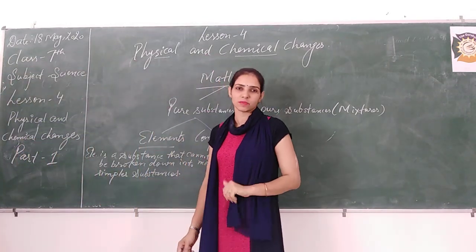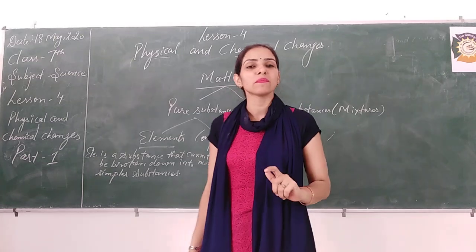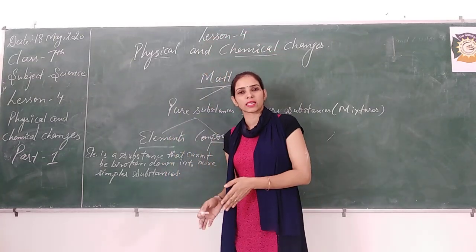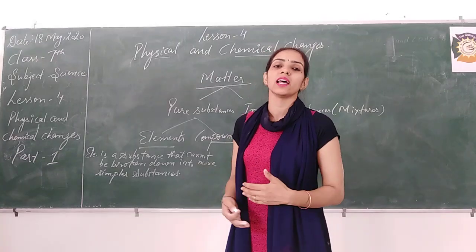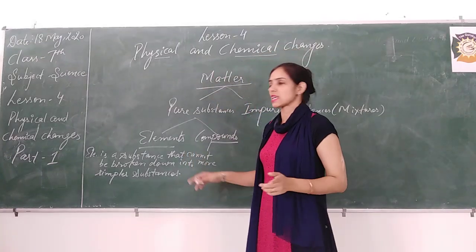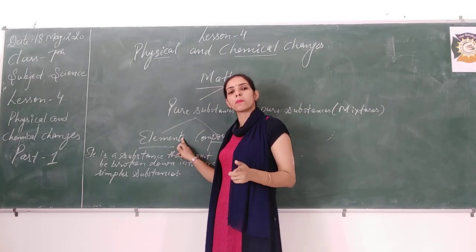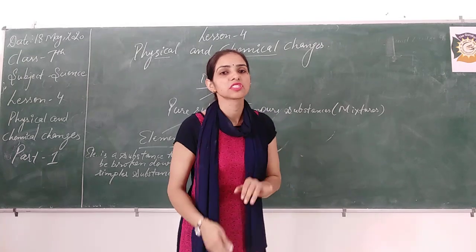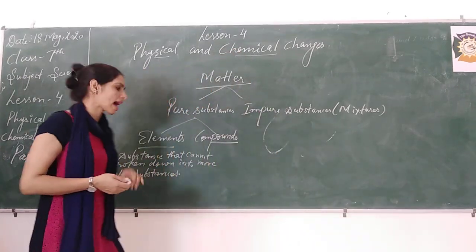Now this question must be striking in your mind, ma'am, why this cannot be broken down? Why we cannot break this down into more simpler substances? The reason is because elements are made up of atoms. Okay, elements are made up of tiny particles called atoms.